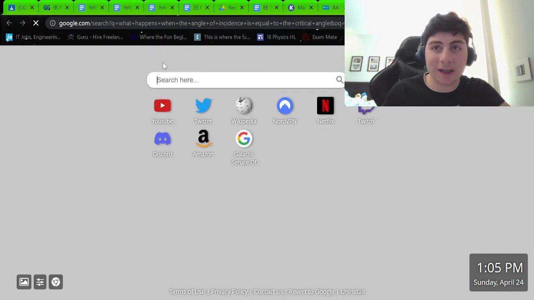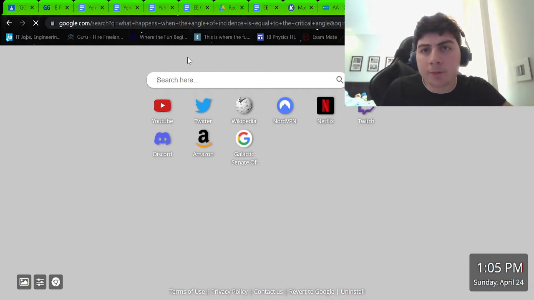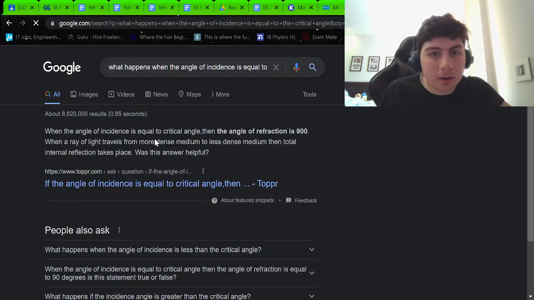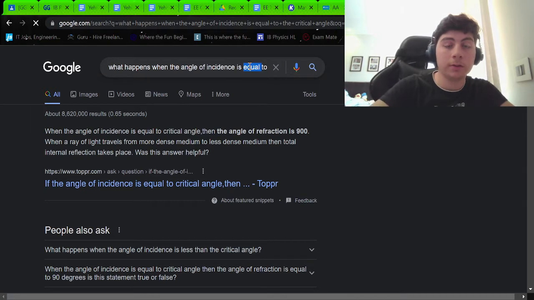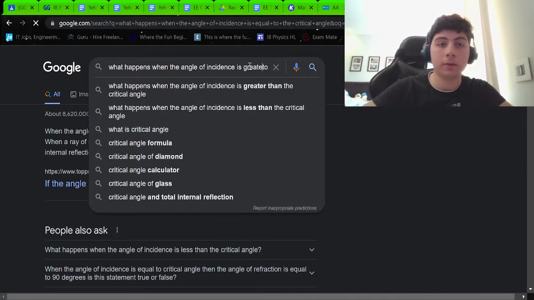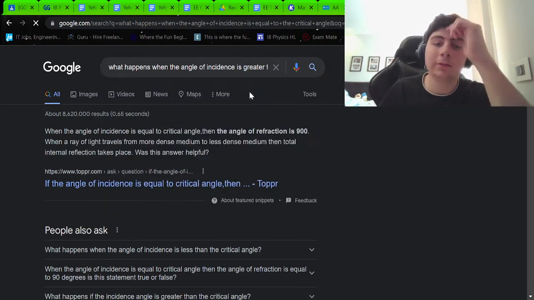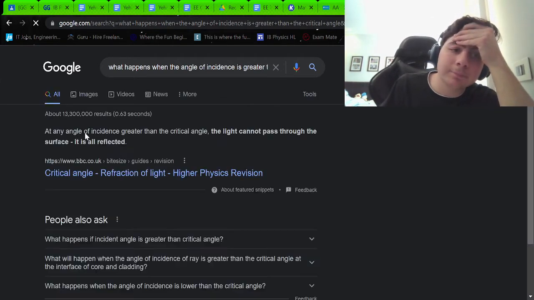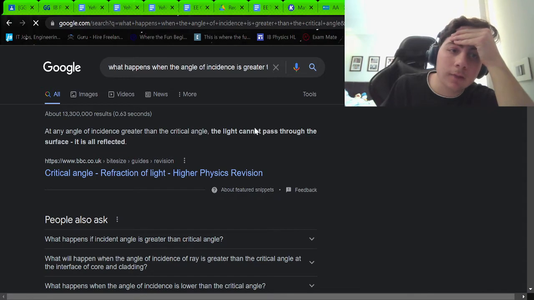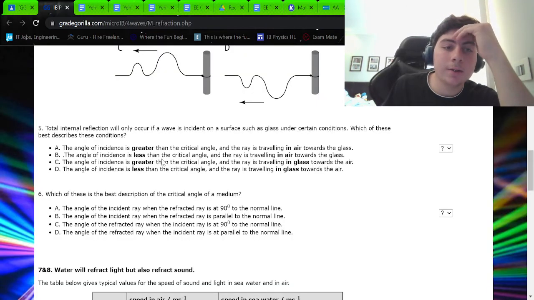Surely it can't be equal. It is greater. Then you get total internal reflection, right? Yep. So yeah, it's gotta be greater.